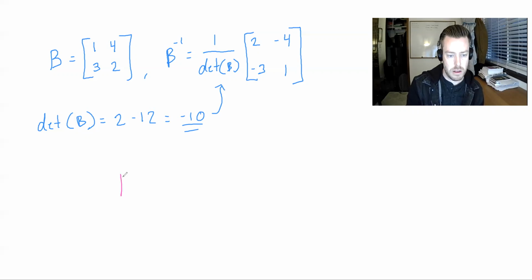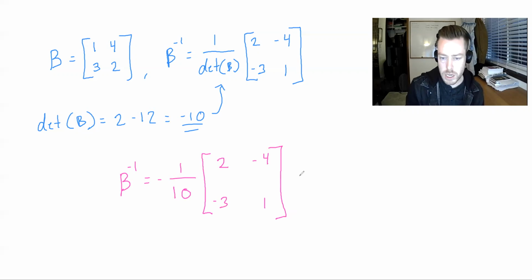This gives us that B inverse is equal to -1 over 10 times 2, -4, -3, and 1, right? And what we could do is multiply this matrix by whatever coefficient is in front of it. So let's go and do that.